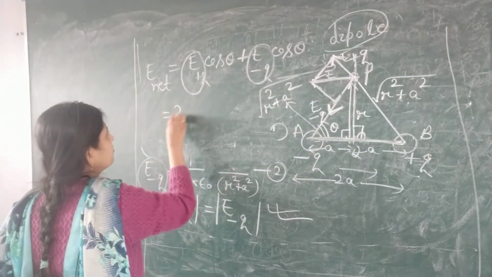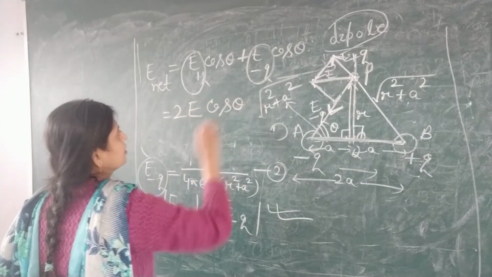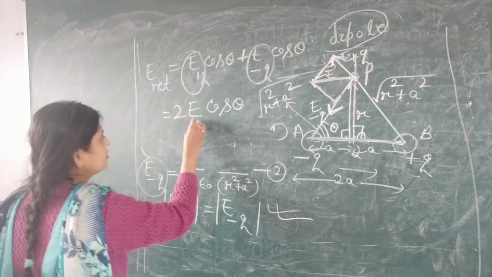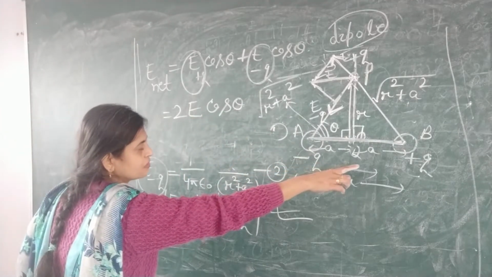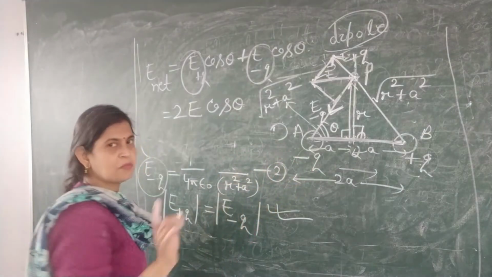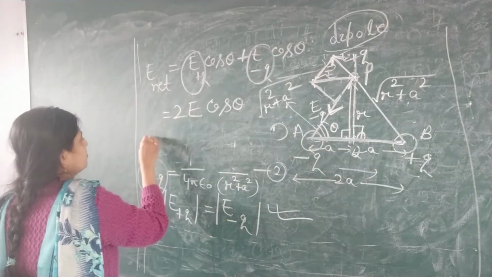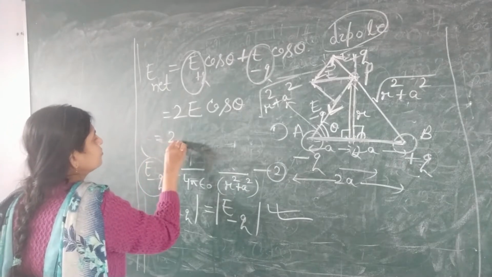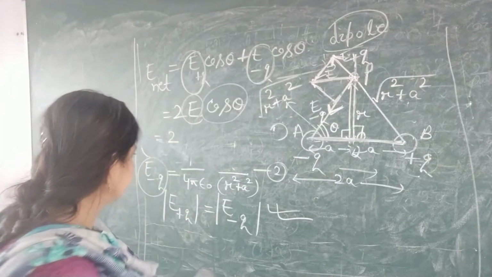So we can write 2E cos theta. We can take E due to plus q or due to minus q, because their magnitudes are the same. Now put the value of E and cos theta.